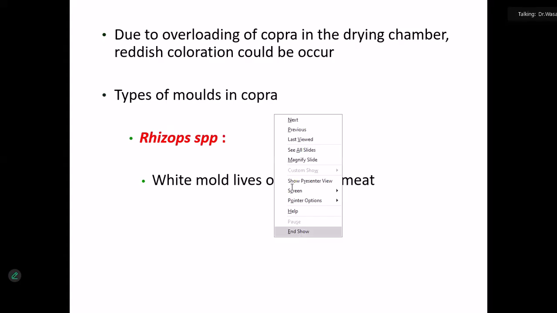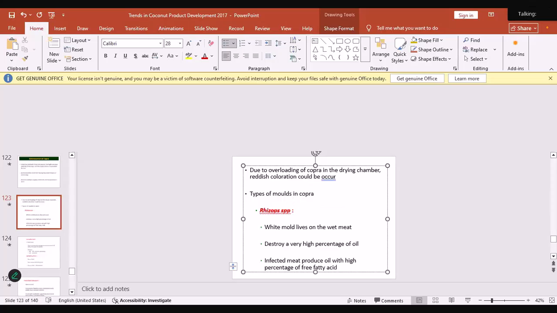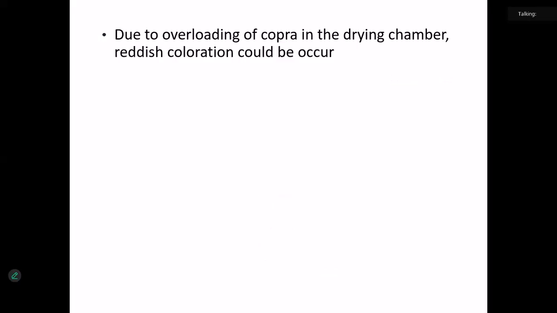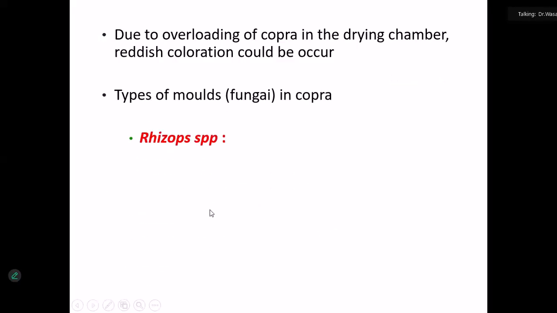I will write it, then you can easily understand. Types of fungi. Number one, Rhizoctonia.